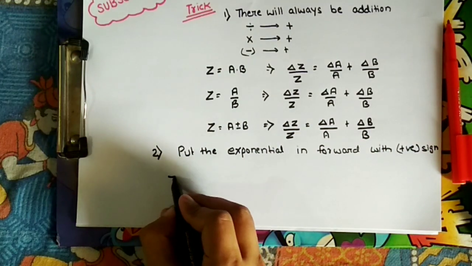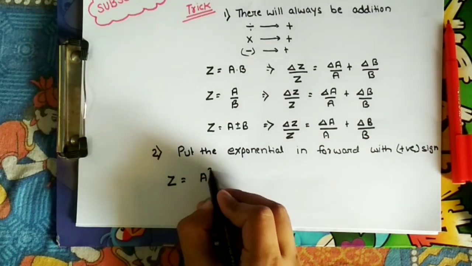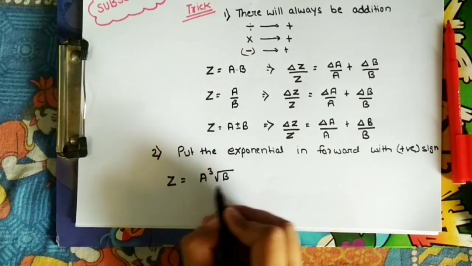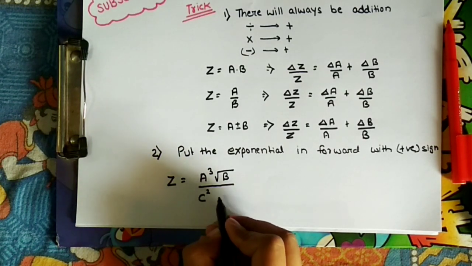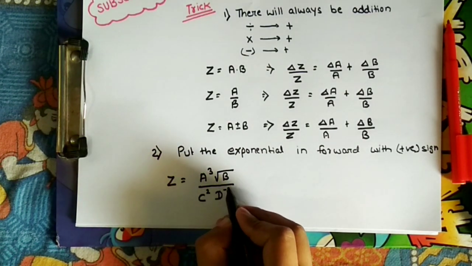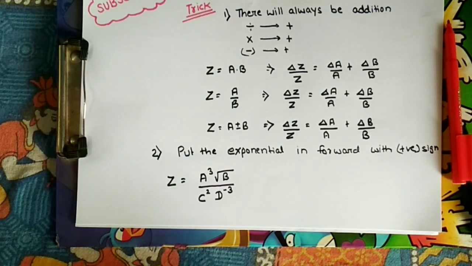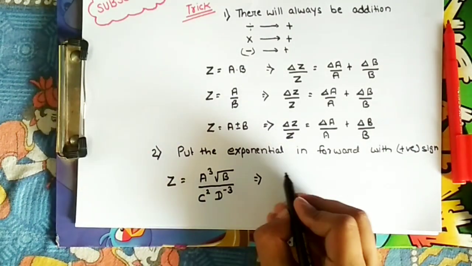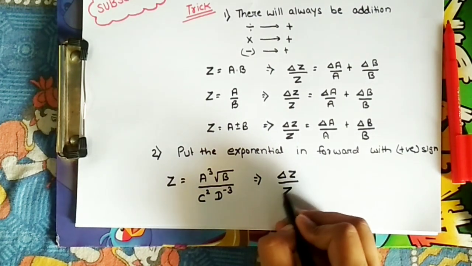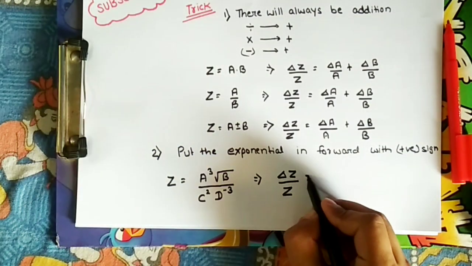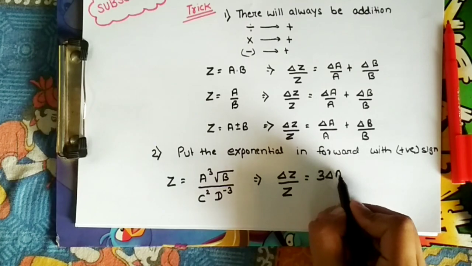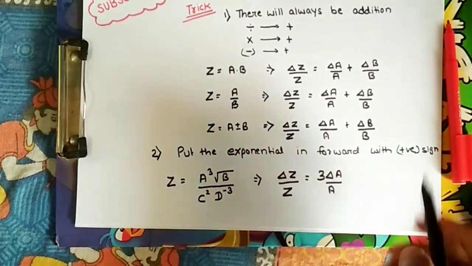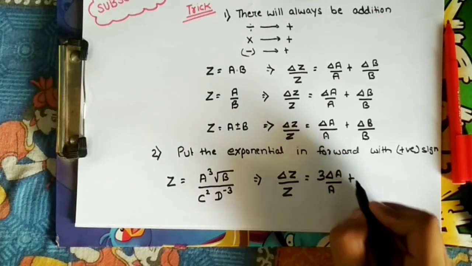Suppose there is a formula z is the cube root of a, b by c square d to the power minus 3. We have to find the relative error in z. We will write delta z upon z. Put the exponent in front: 3 delta a upon a, and there will always be addition, plus.